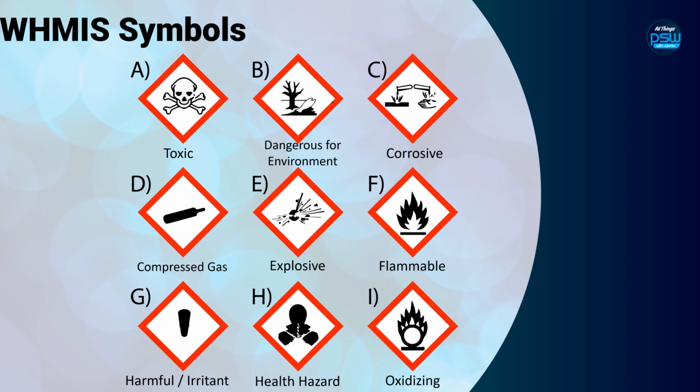That O is what shows you that it's oxidizing. The O stands for oxygen. So just make sure you understand the symbol for flammable and the symbol for oxidizing. Please know your symbols, guys. In your textbook, there are other symbols, like this is for hand washing, this is do not wash, this is do not do this.